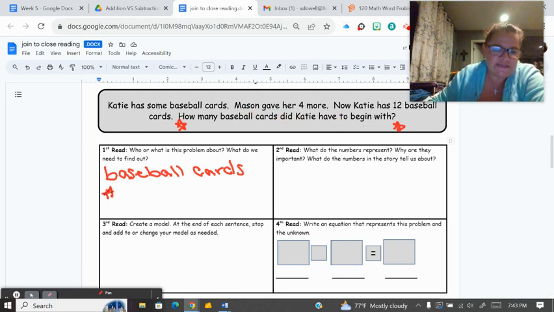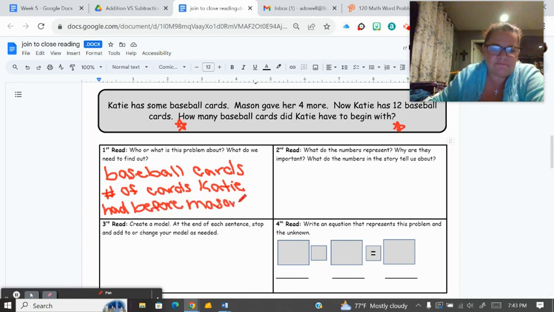So we need to find out the number of cards Katie had before Mason gave her 4 more.